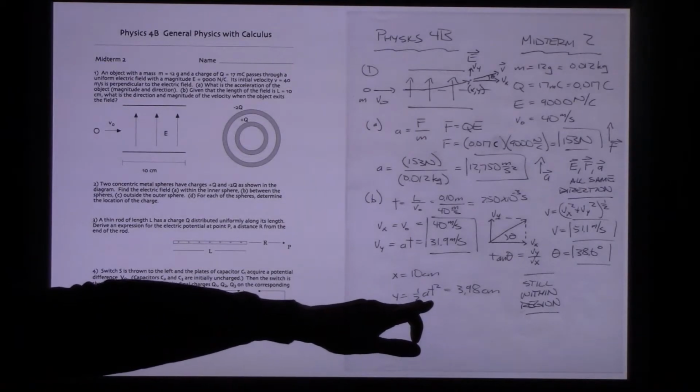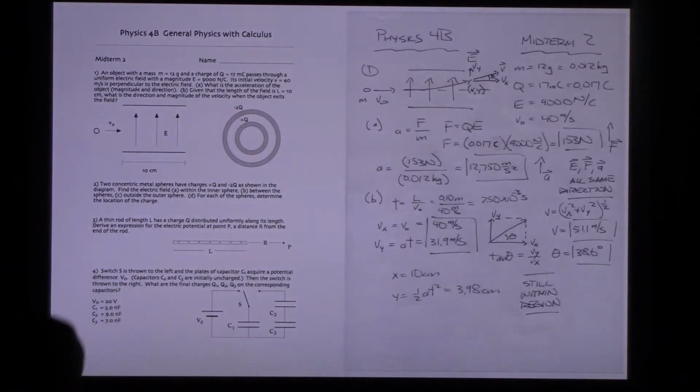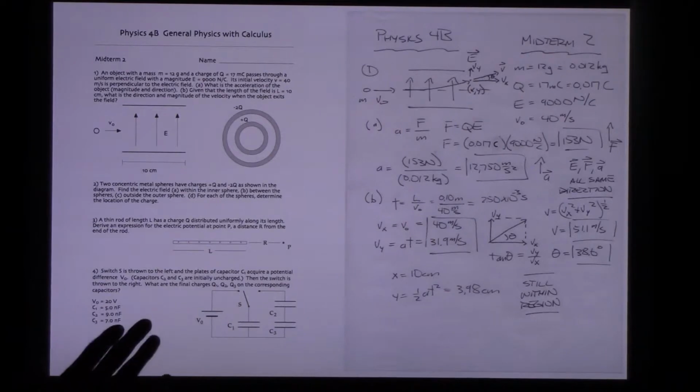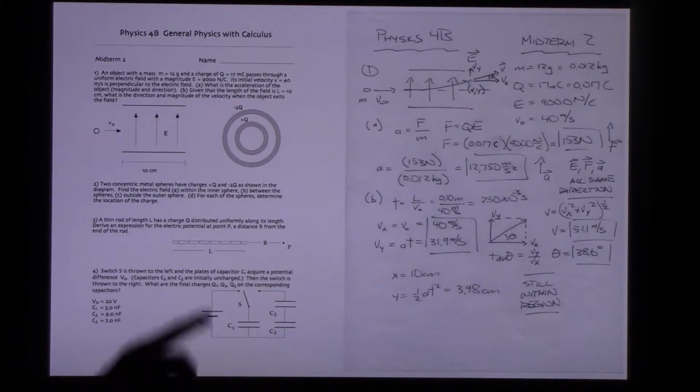So plugging the number in for the time, and this time it's t squared, in that really large acceleration, I got it in meters and then I converted it into centimeters. I got 3.98 centimeters, or about 4 centimeters, as its y coordinate position as it exits. So that seems kind of plausible, right?